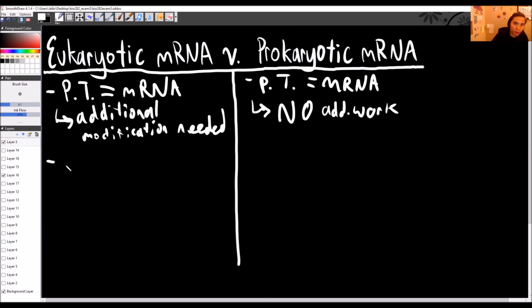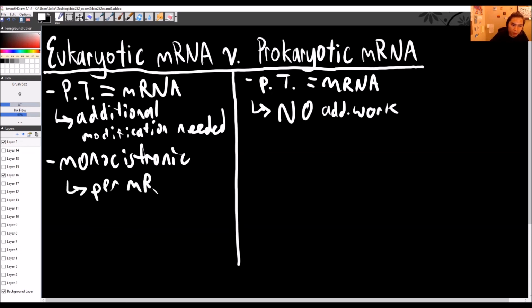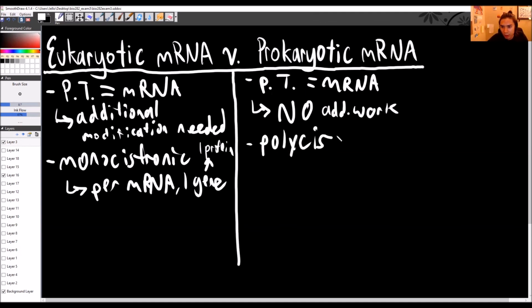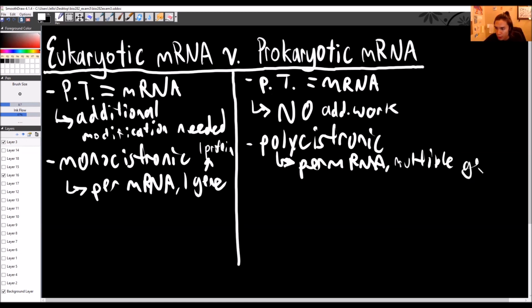Eukaryotic mRNA is generally monocistronic. This means per mRNA, one gene, meaning one kind of protein is being made. Prokaryotic mRNA a lot of times is polycistronic, poly meaning multiple. So per mRNA, multiple genes, which means multiple gene products, multiple kinds of proteins.